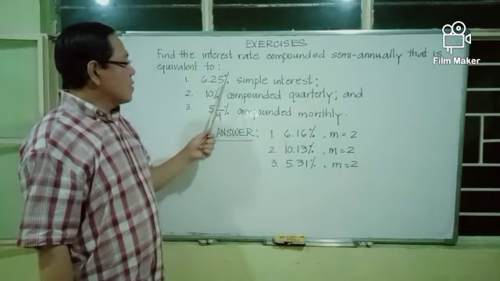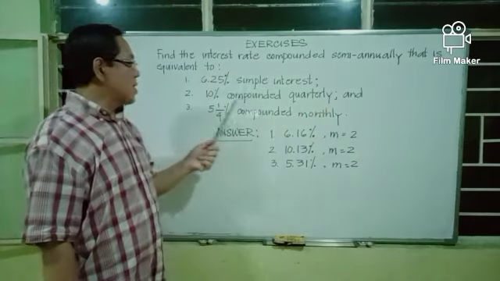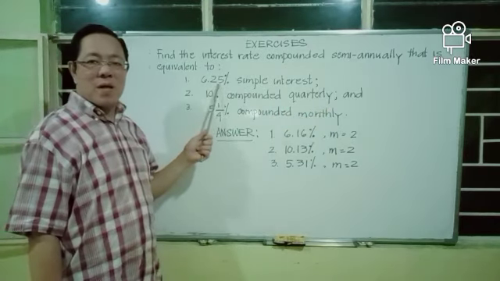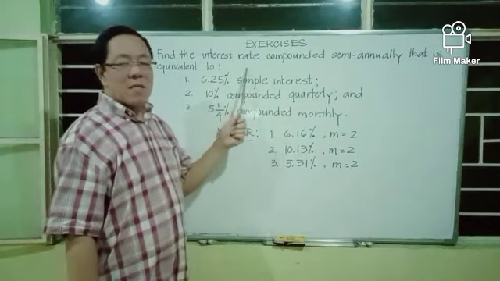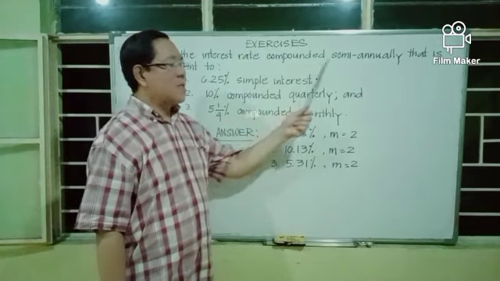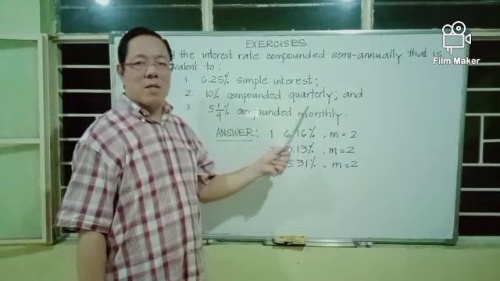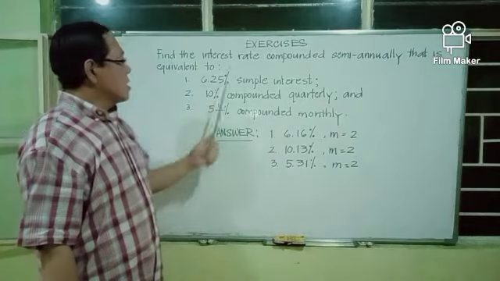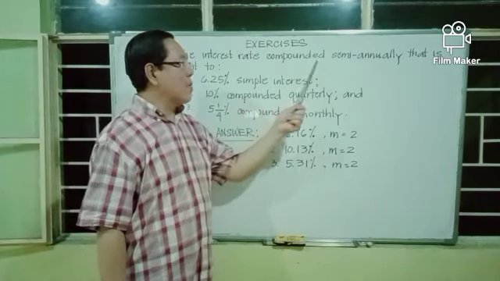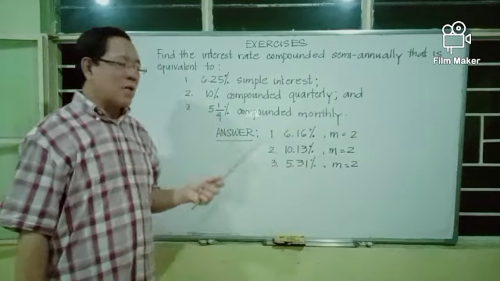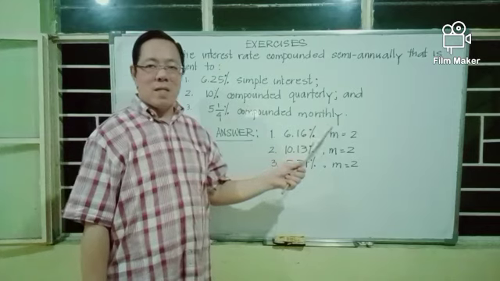So for number 1, you will find the compound interest rate compounded semi-annually that is equivalent to 6.25% simple interest. For number 2, you will find the same compound interest rate compounded semi-annually that is equivalent to 10% compounded quarterly. And for number 3, you will find the unknown compound interest rate compounded semi-annually that is equivalent to 5 1/4% compounded monthly.